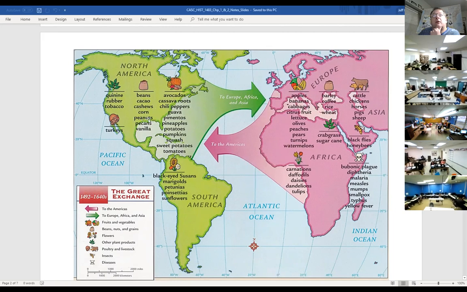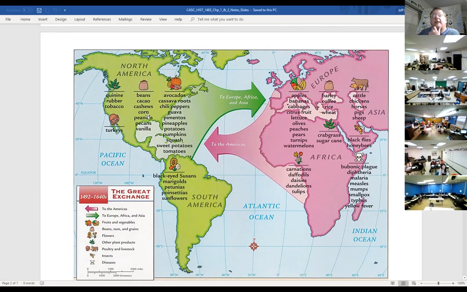What's significant about corn again? Anybody? Corn was significant in the Americas for? It was the staple crop. Right.